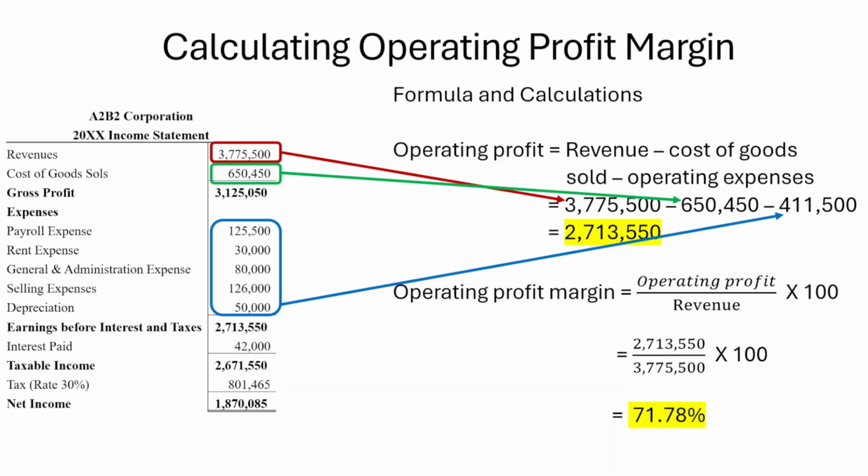Then take that operating profit, divide it by the revenue, and multiply by 100 to get the operating profit margin.